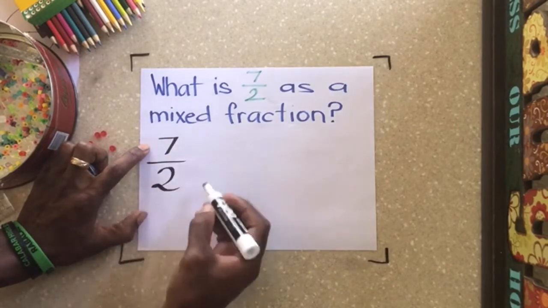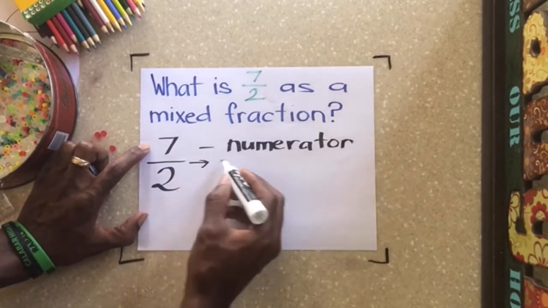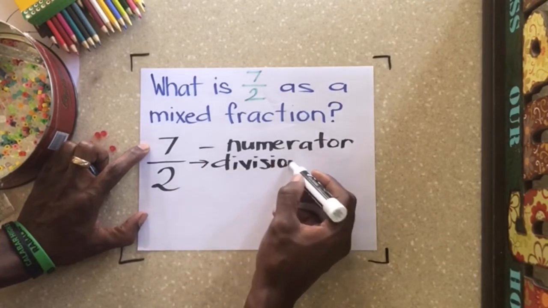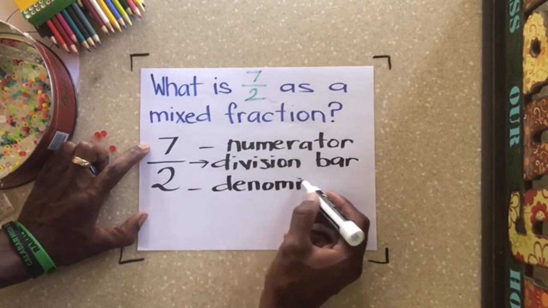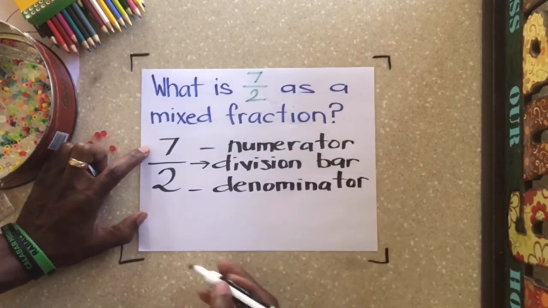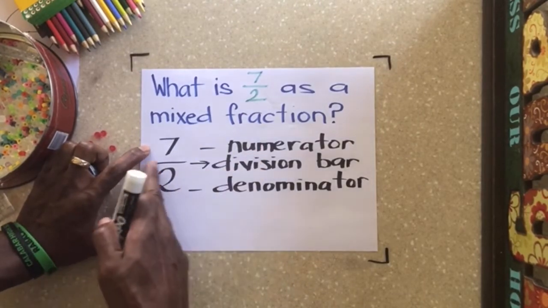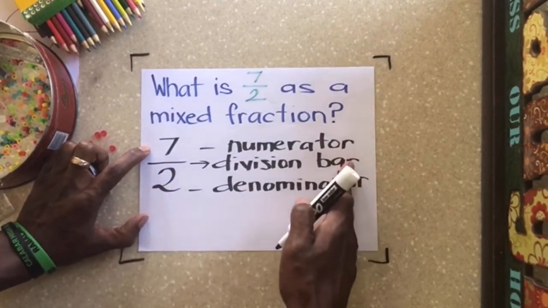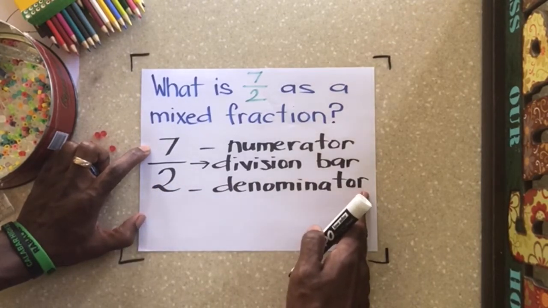Now 7 over 2, in which 7 is the numerator and the line beneath the 7 is the division bar, or vinculum, and the 2 is the denominator.